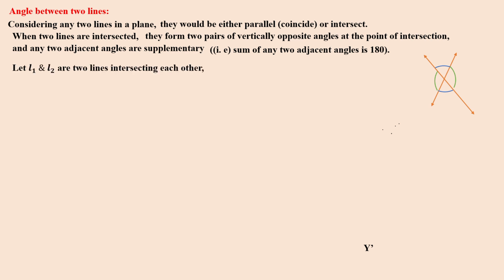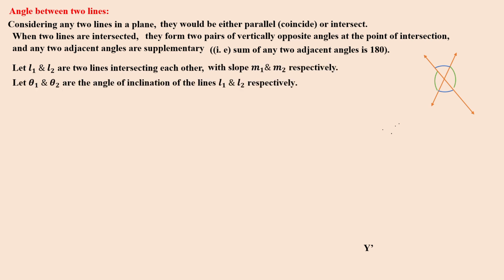Let L1 and L2 be two lines intersecting each other with the slopes m1 and m2 respectively. Let theta 1 and theta 2 be the angles of inclination of the lines L1 and L2 respectively. So we'll see x'y'. O is the origin.